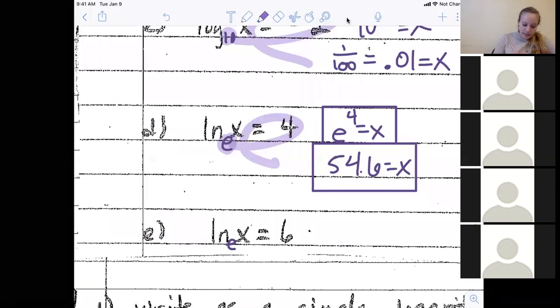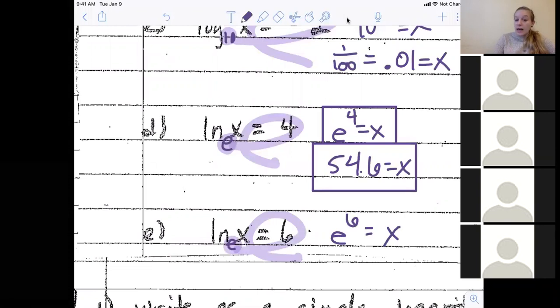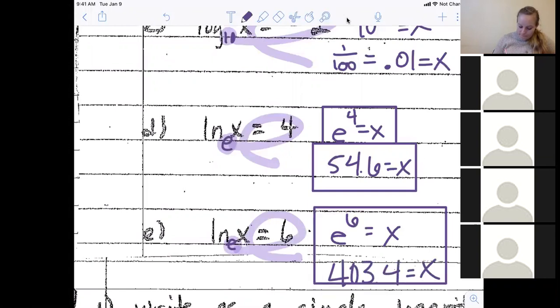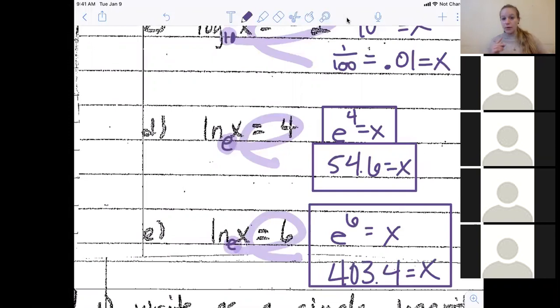Again, log base e, e to the 6 equals x. And again, you can leave it like that, or you can leave it as e raised to 6, which is 403.4. Both are correct.